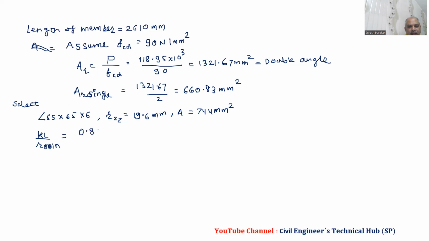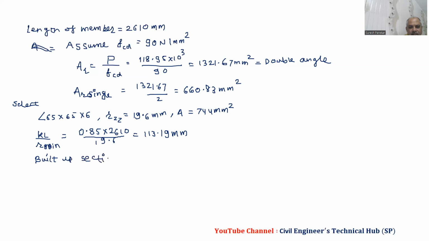Now as we have an angle section, 0.85 into 2610 upon 19.6, and we have this value 113.19. Then we have this as a built up section.